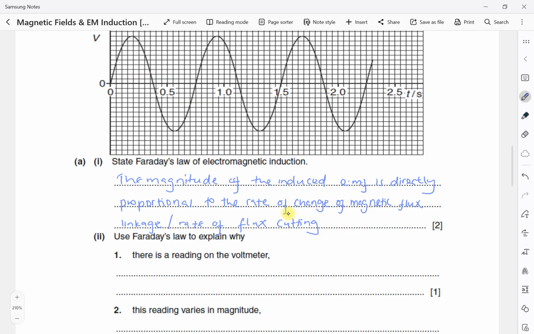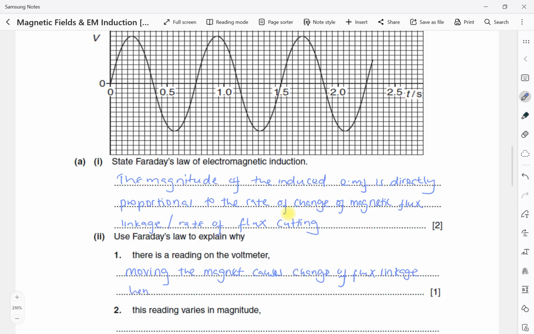So moving the magnet causes cutting or change of flux linkage with the coil.